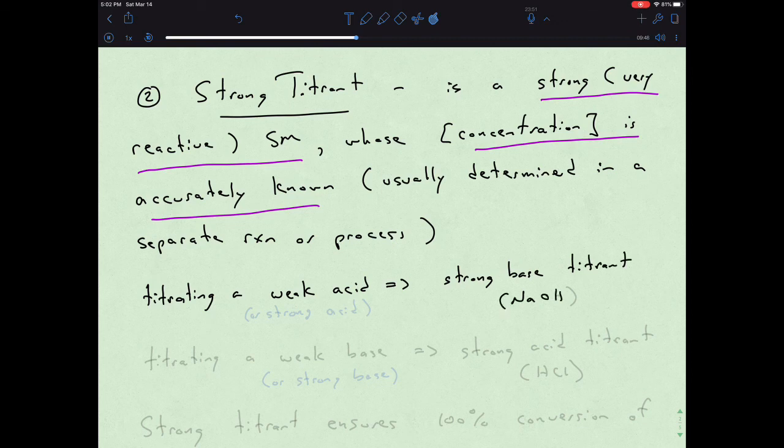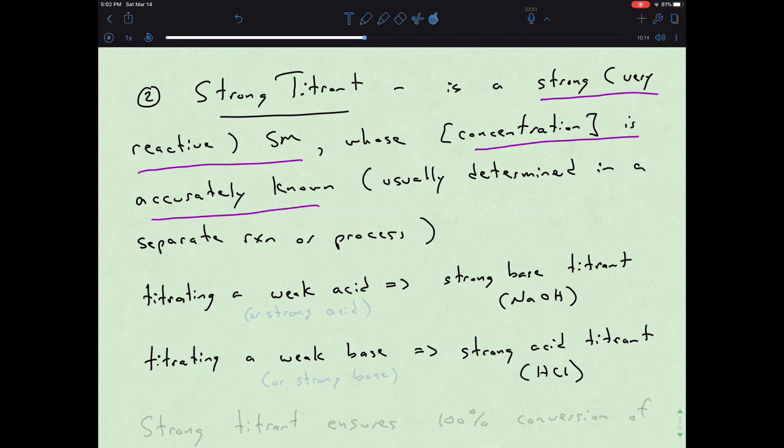Often sodium hydroxide is used for that type of strong base titrant. Or if I'm titrating a weak base, I would want now a strong acid titrant. Oftentimes HCl is a common choice of strong acid titrant.